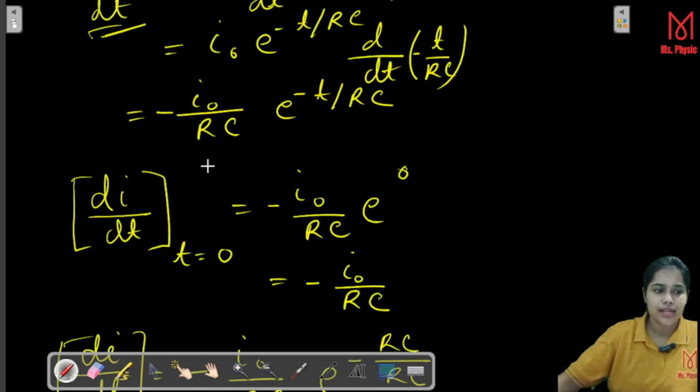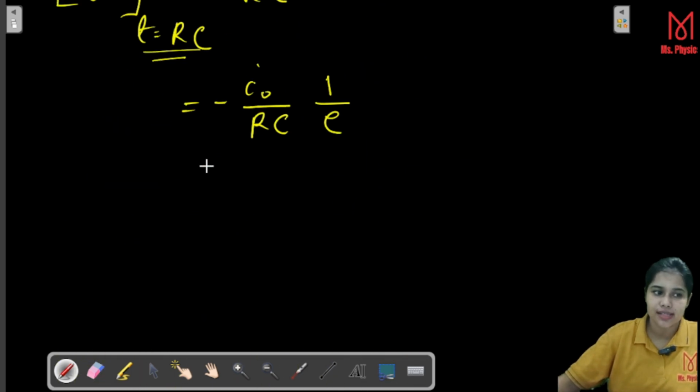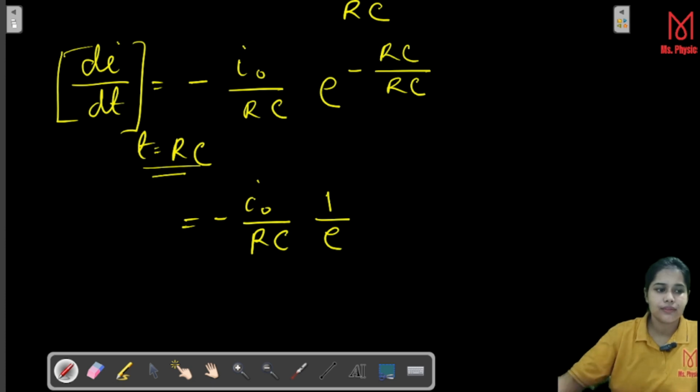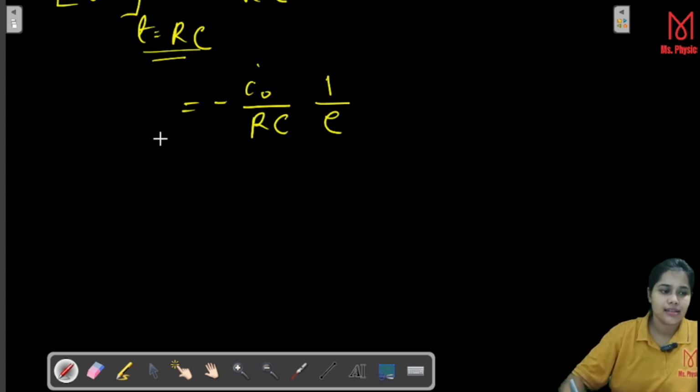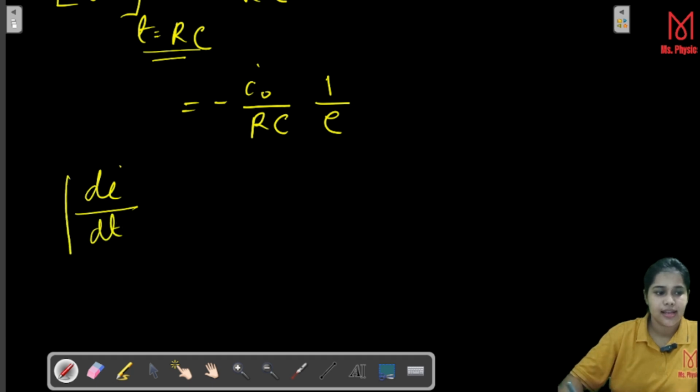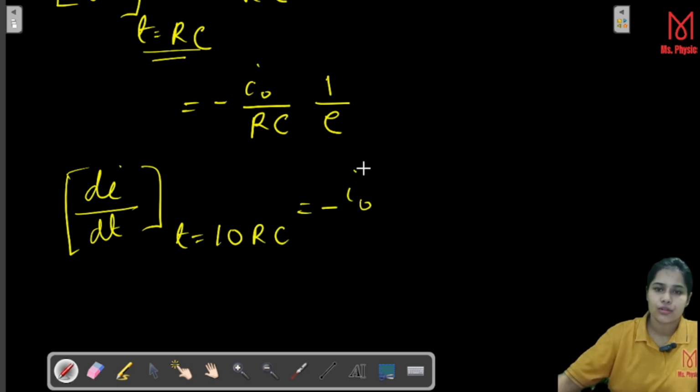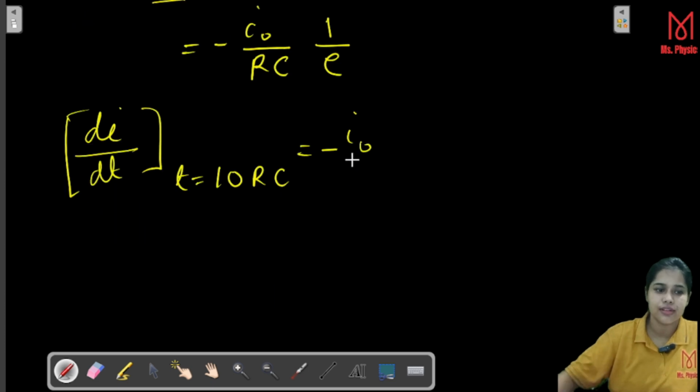Now the next one is for t = 10 RC. Here we do the same thing again: di/dt at t = 10 RC is equal to −(I₀/RC) e^(−10RC/RC), though I know you can do it by yourself.